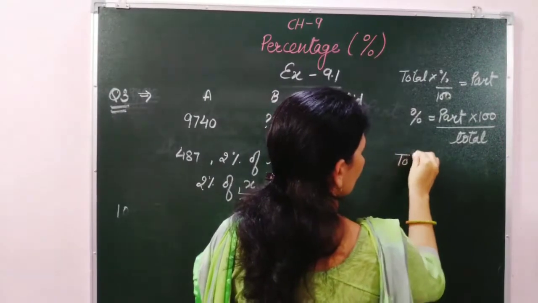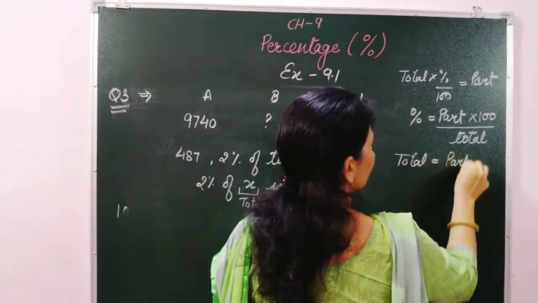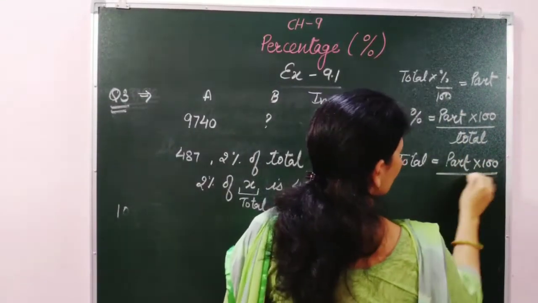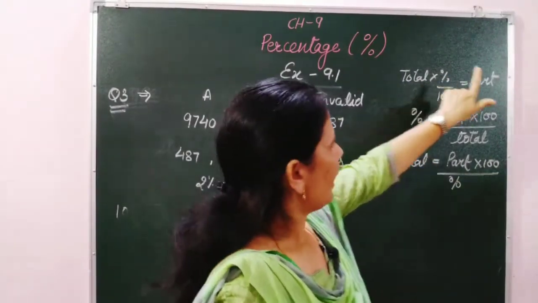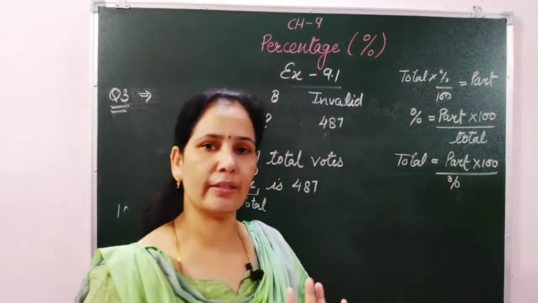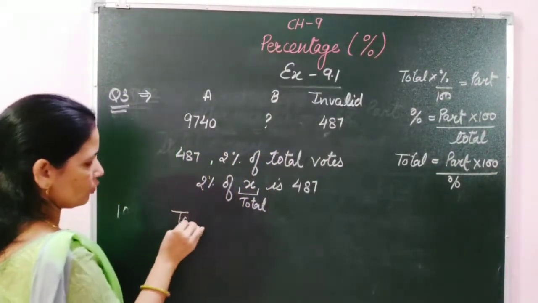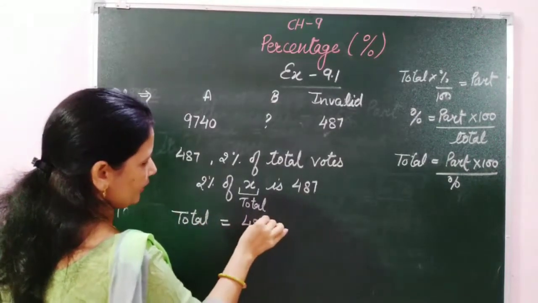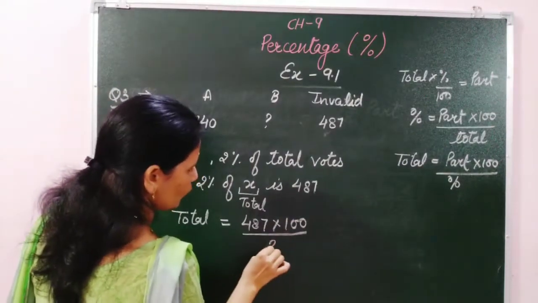To find the total, whatever part we have, multiply that by 100, but this time divide by the given percentage, because the percentage is multiplied on this side, and after shifting to the next side it will be divided. So to find the total, we write 487 multiplied by 100 and divided by 2%.